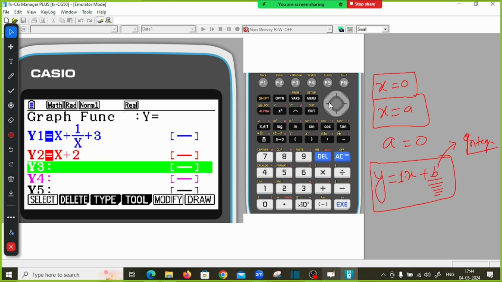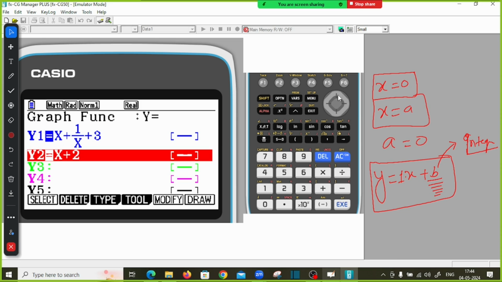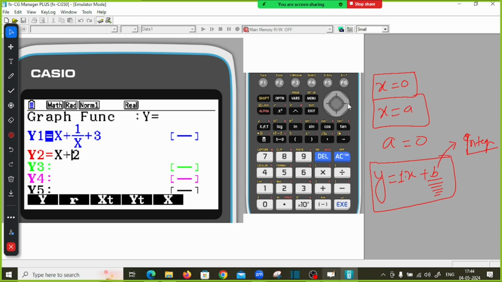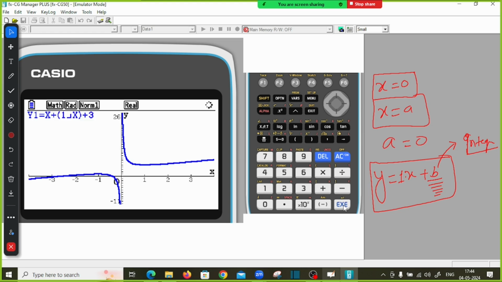So I will go to the editing section and try it for 3, execute. Yes, as you can see here, it seems that it is intersecting, but if you have doubt, we can find its intersection point.